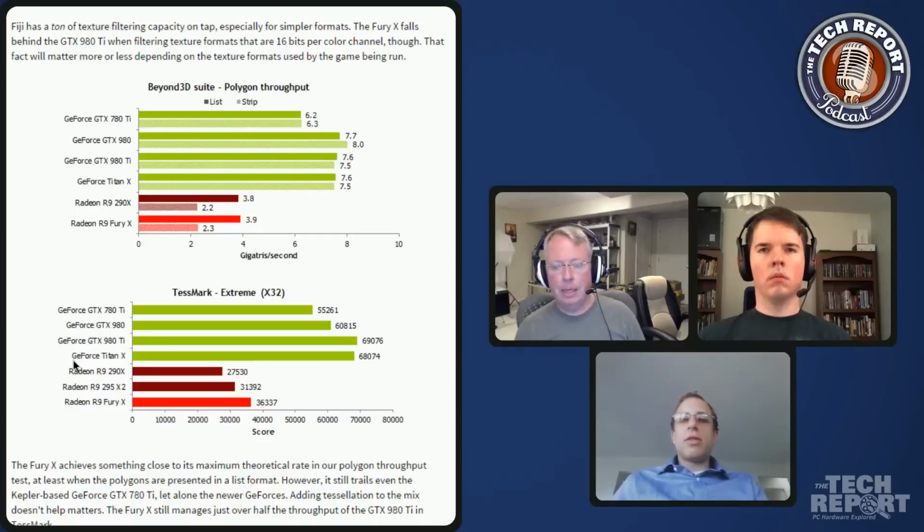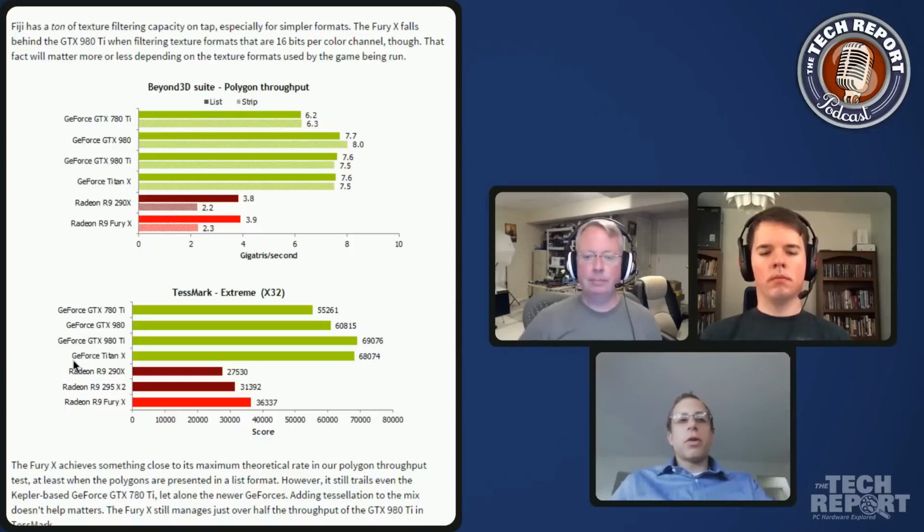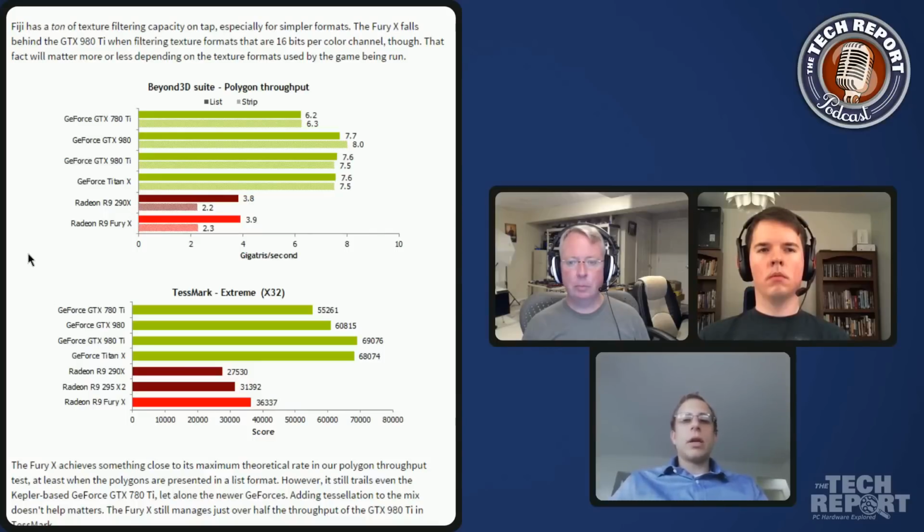And so, to some extent, I wonder how much of this is a reflection of cruft in the driver. Because if you were to use one of these close to the metal low-level APIs, you really step around a lot of the driver overhead. And maybe that is an issue for AMD. I mean, it's hard to say.